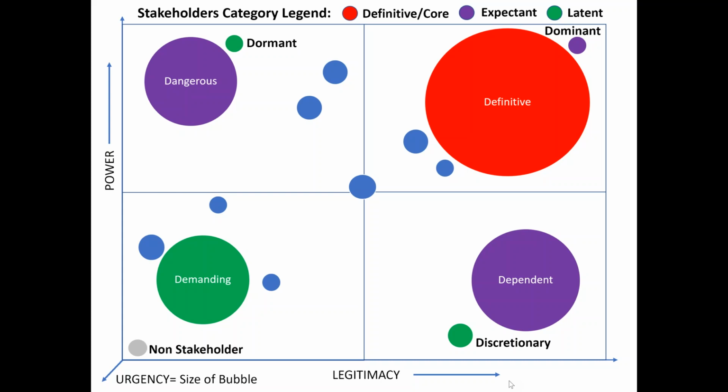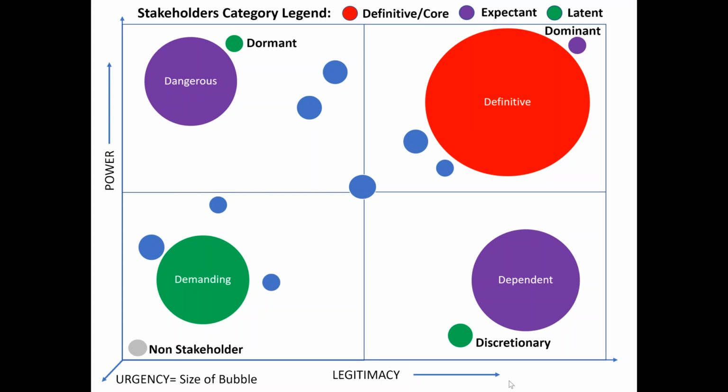The biggest bubble there shows this stakeholder has high urgency, high power, but low legitimacy. So this is dangerous. And if you look at the neighbor, the green one is dormant, and dormant means high power, low legitimacy, and low urgency.